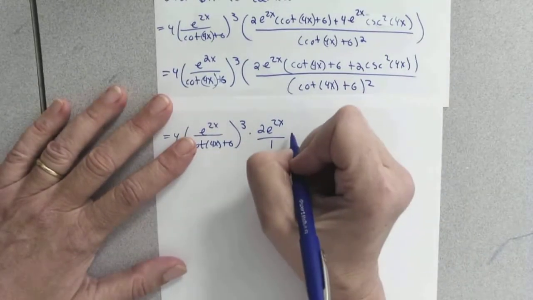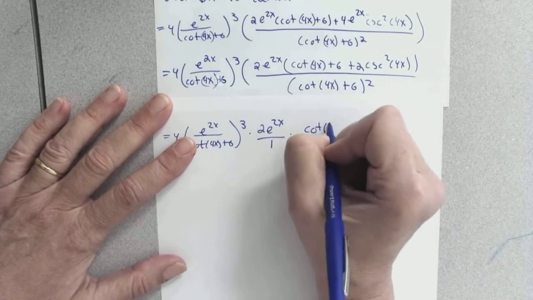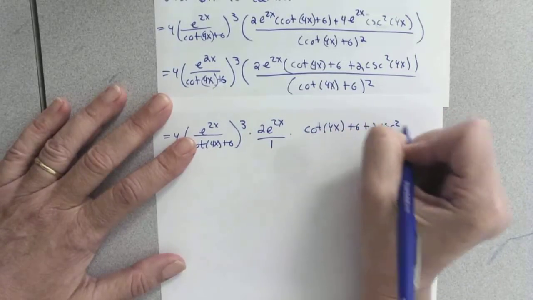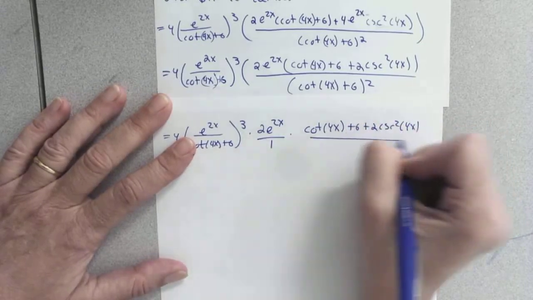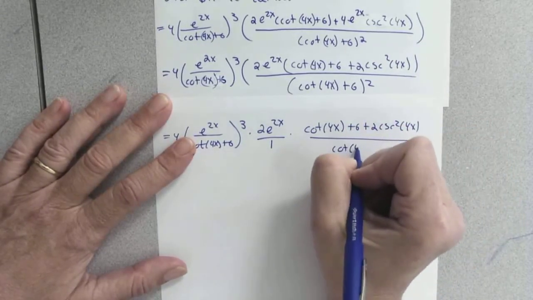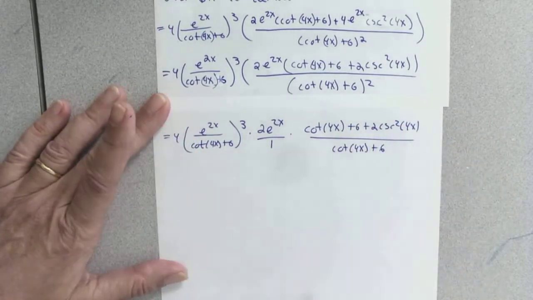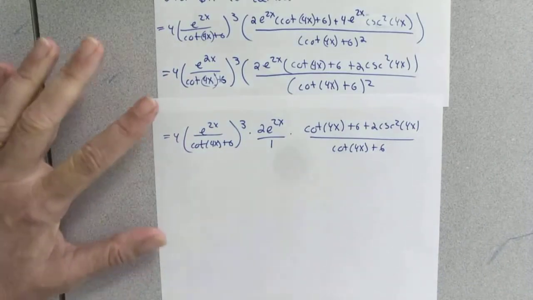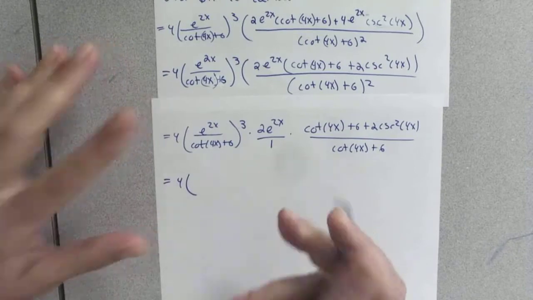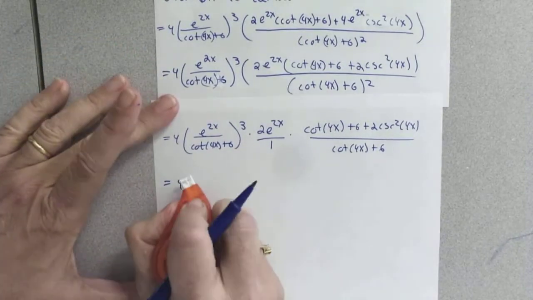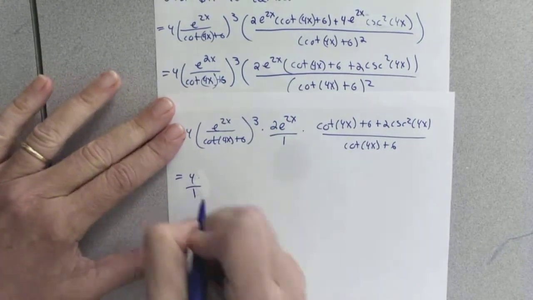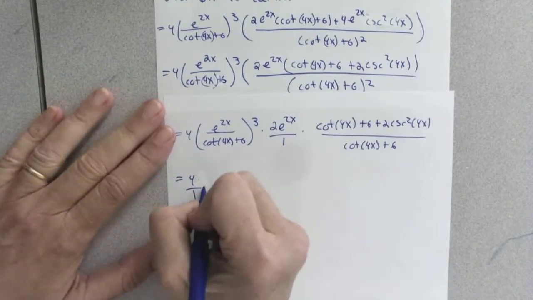It wouldn't be wrong to do that. Then I could do this: 4 times 1, 4 out in front.